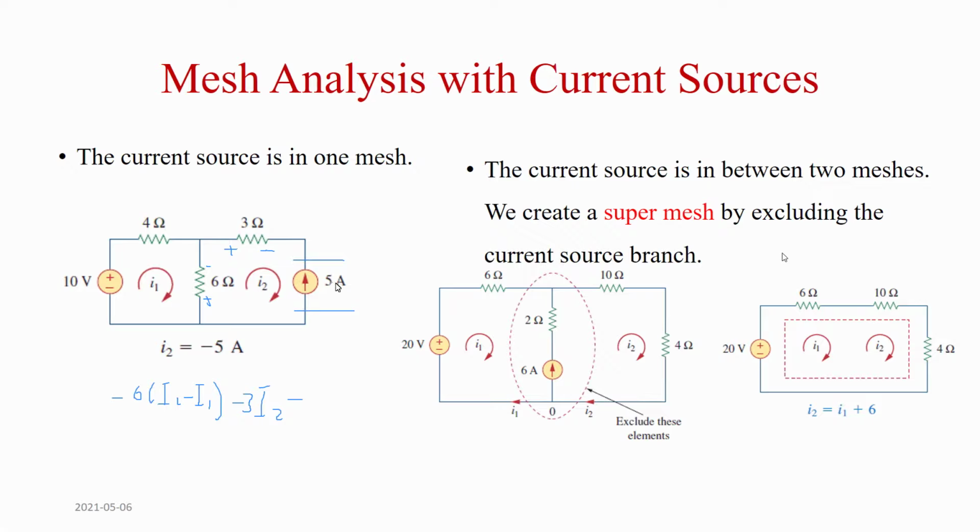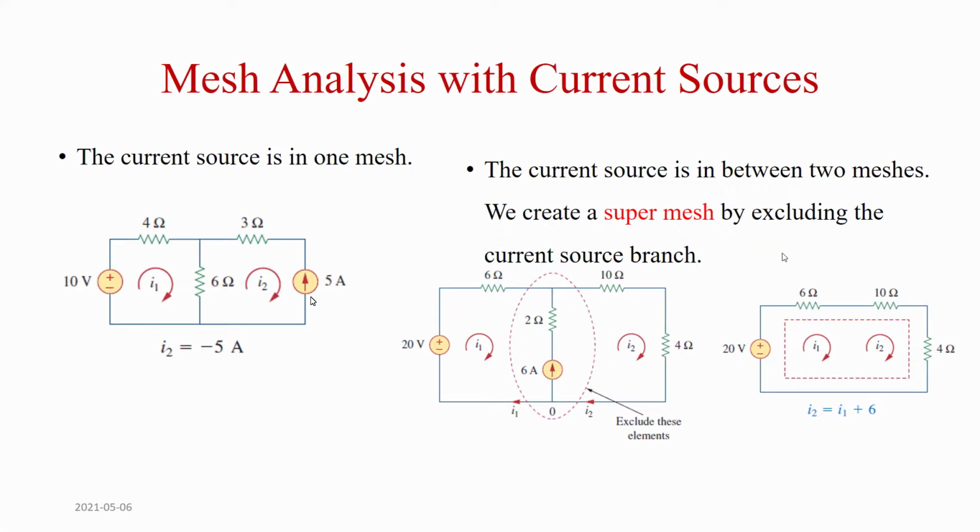It's not 5, that is the current. I'm going to need to add the voltage here. What is it? I don't know. I can't make the equation. It becomes difficult. This is why, if we have a current source, we can't make the equation that the sum of the voltages is equal to 0, because we don't know the voltage across the current source.